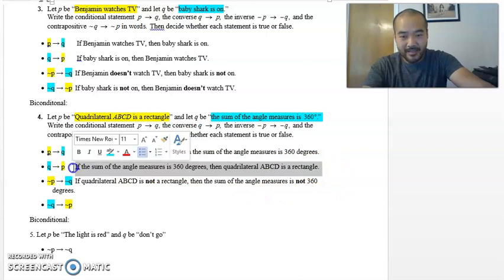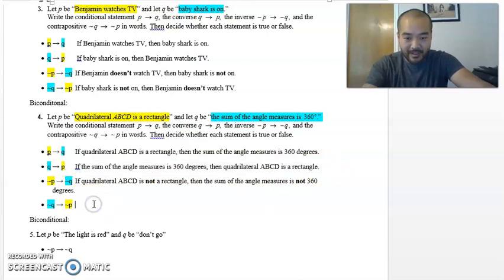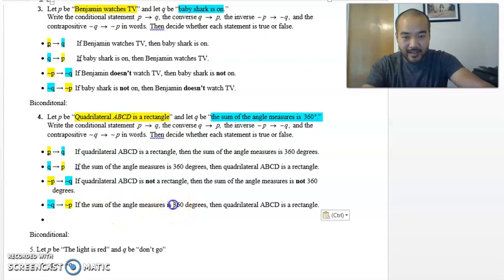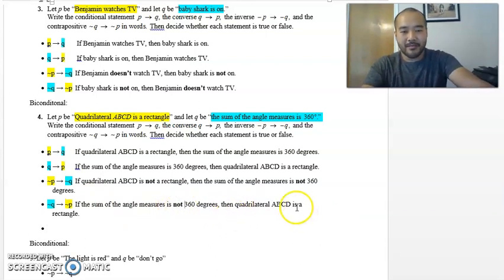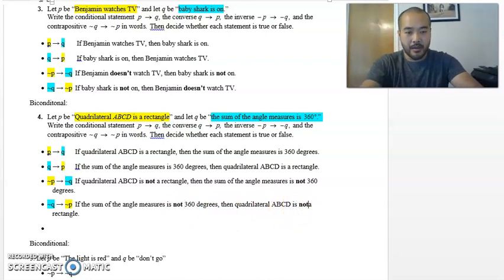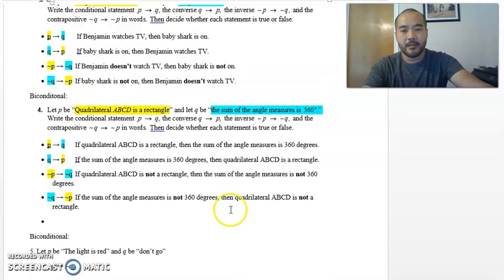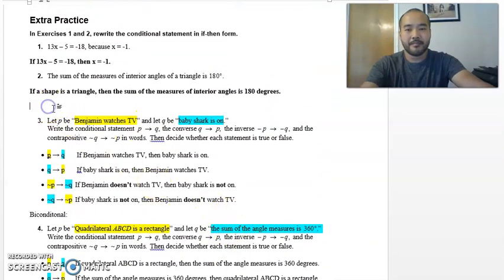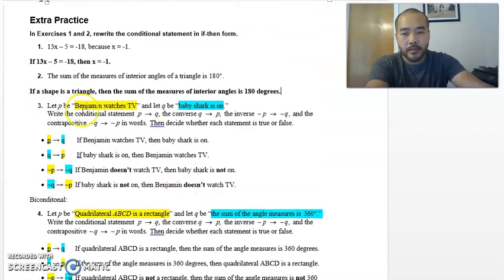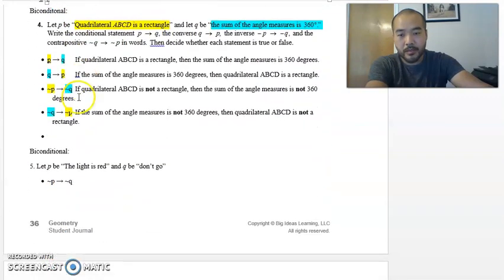See how easy that is? And then for this one, I'm going to copy and paste it. If the sum is not 360 degrees, then quadrilateral ABCD is not a rectangle. Oh, the other thing fell off my screen. So I'm going to try to keep this one.